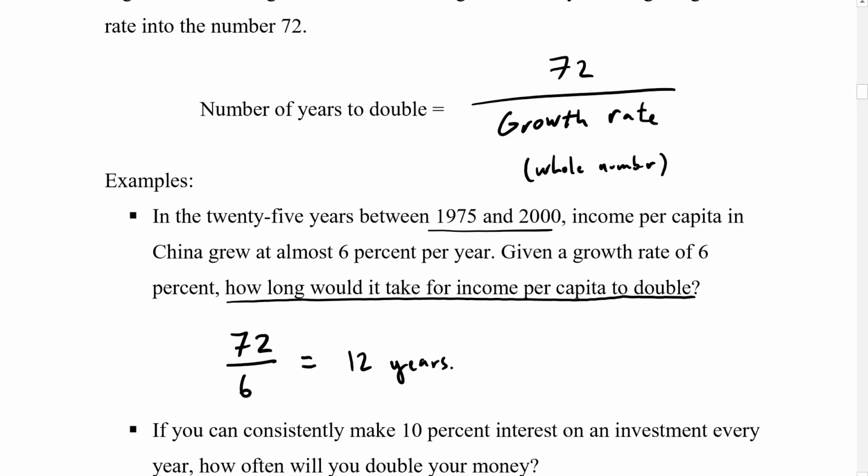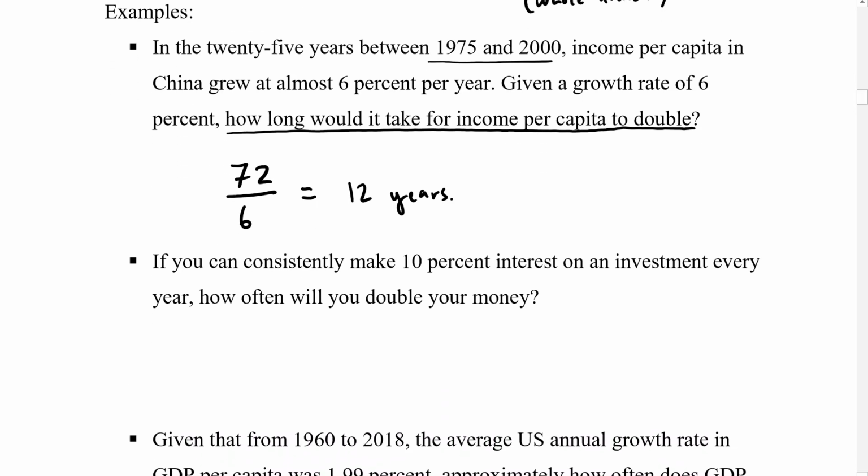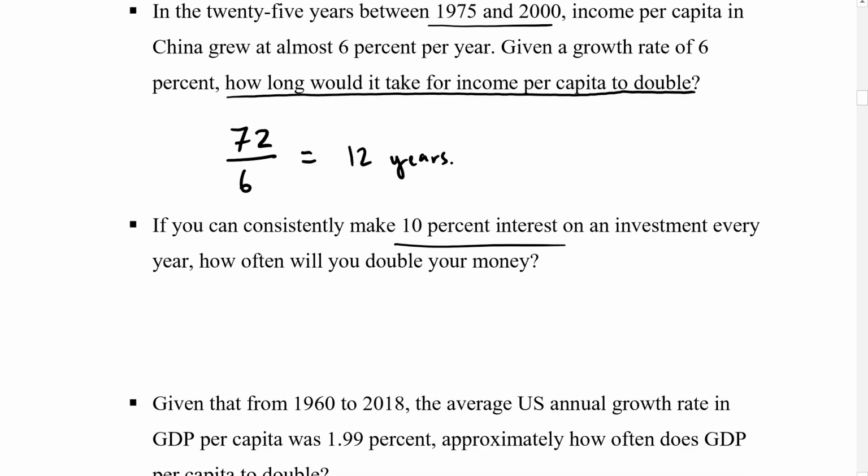And so this works for economic growth rates in countries, but even in a personal finance context, this can work as well. If you are earning 10% interest on an investment every year, how long will it take to double your money? 72 divided by 10 means you're going to double your money in 7.2 years.